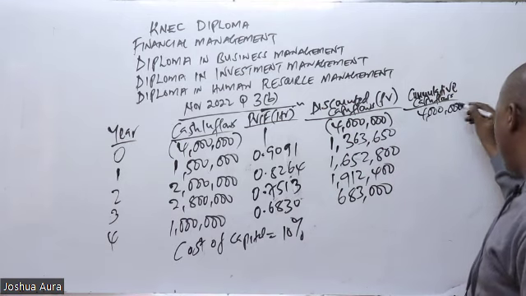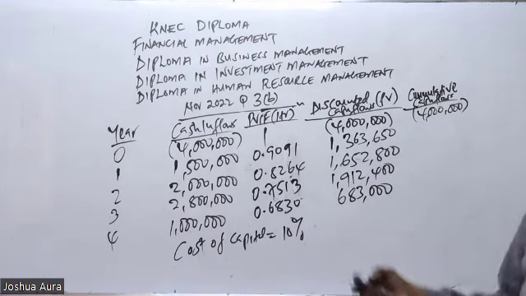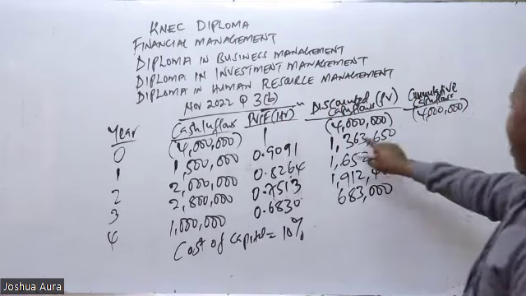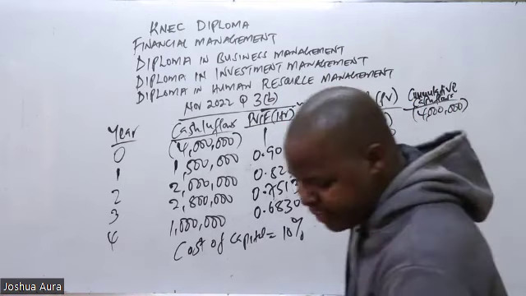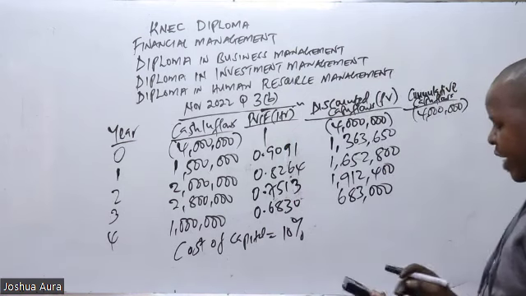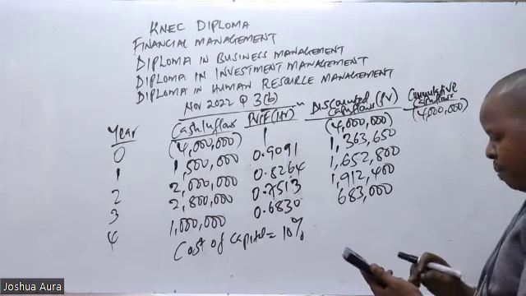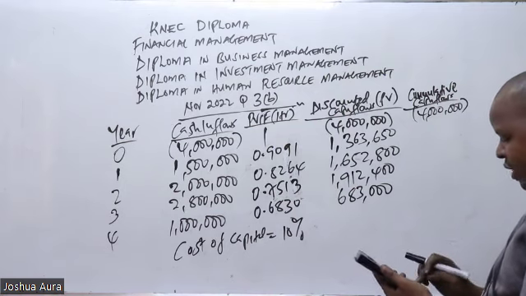This is how you are to get the cumulative cash flow. You start with the first figure. Then you add the first figure to the second figure. It will be minus 4 million plus 1,363,650.